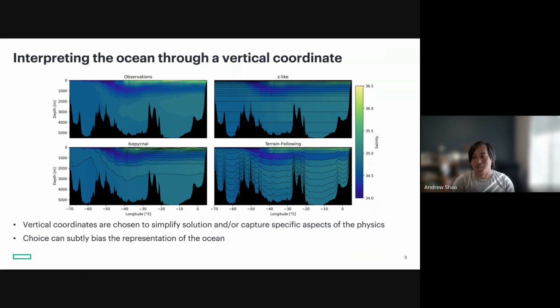Now, for the HyCOM coordinate, you can read the original Bleck paper, but the way it works is that for every layer you define an isopycnal level that you want to match. So let's say you really care about 26.2, and then you also specify a minimum outcrop depth.